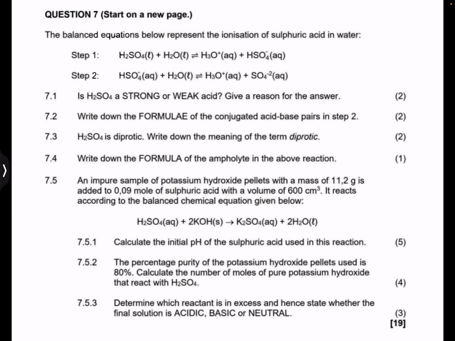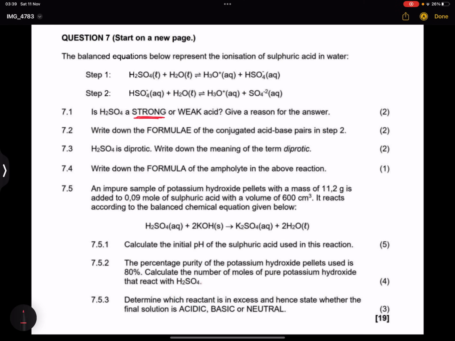They say to us we've got a balanced equation that represents the ionization of sulfuric acid in water, right? So in step one, we've got all of that. So they're asking in 7.1, is H2SO4, sulfuric acid, a strong or a weak acid? So we know that sulfuric acid is a strong acid, and the reason for that is that it ionizes completely in solution.